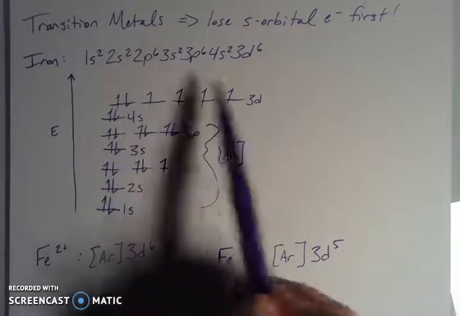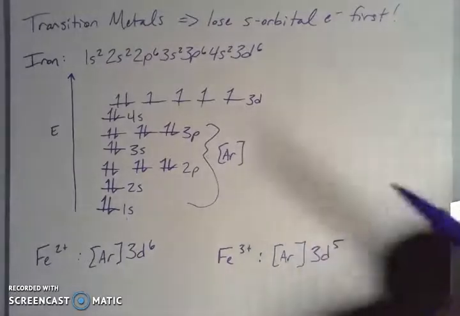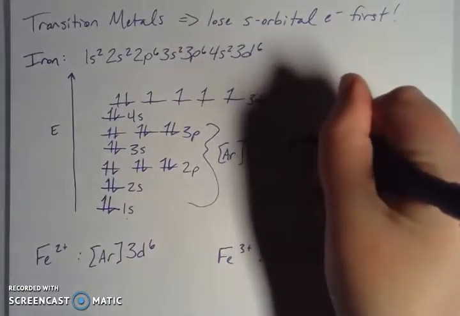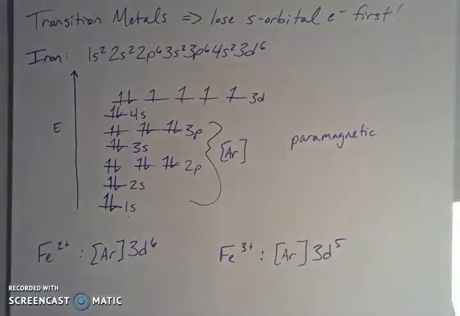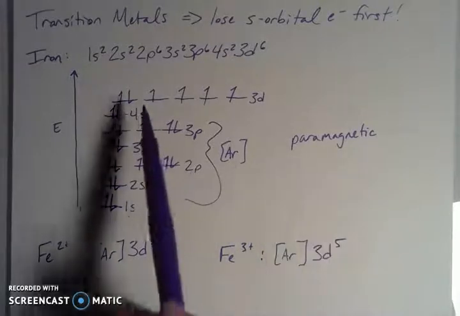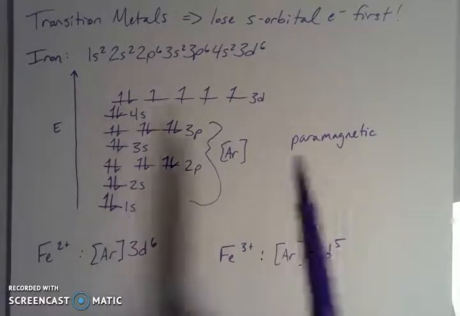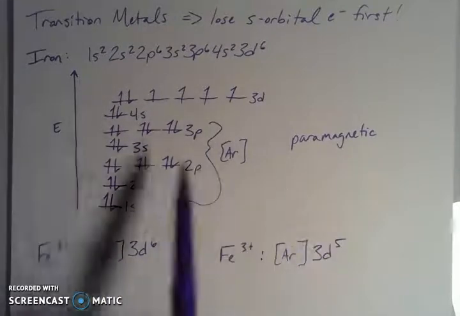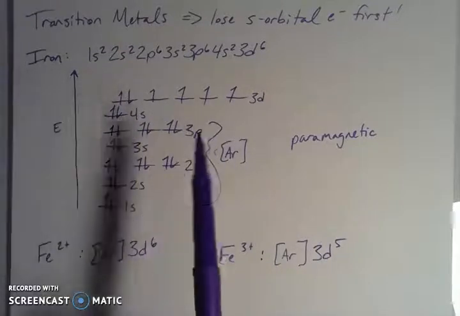Now, if we have all these unpaired electrons in here, this also helps to explain why iron is magnetic. We say that it's paramagnetic. That means that it responds to a magnetic field, as opposed to diamagnetic, which means that it does not. Now, paramagnetism has to do with all these unpaired electrons, which, because they have similar spins, are all creating their own little magnetic fields.